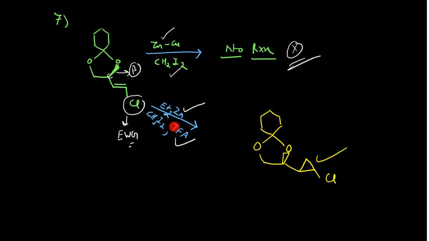However, in the literature it is clearly reported that when you use the Simmons-Smith system the reaction is not going to happen. So I am assuming that due to the presence of this electron withdrawing group the reactivity is low. I am not sure, but it could be difficult for this reagent to form the product, but this extra advanced species, the more readily handled species, can give you this product. So this is very important.